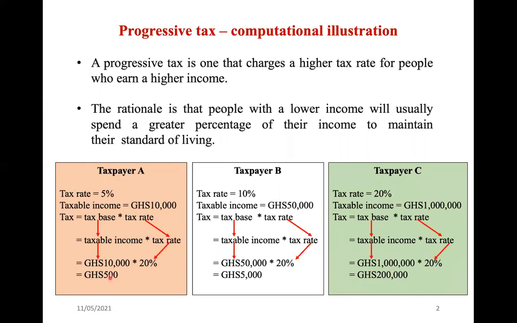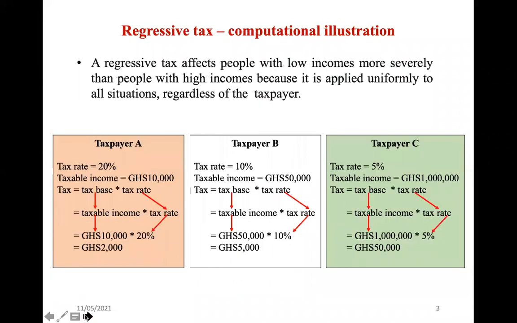Okay. Now let's have a look at another type of tax, and this time I'll be looking at the regressive tax. We also indicated when we did the first lecture that for regressive taxes, people who earn a lower income pay more in taxes than people who earn higher incomes.